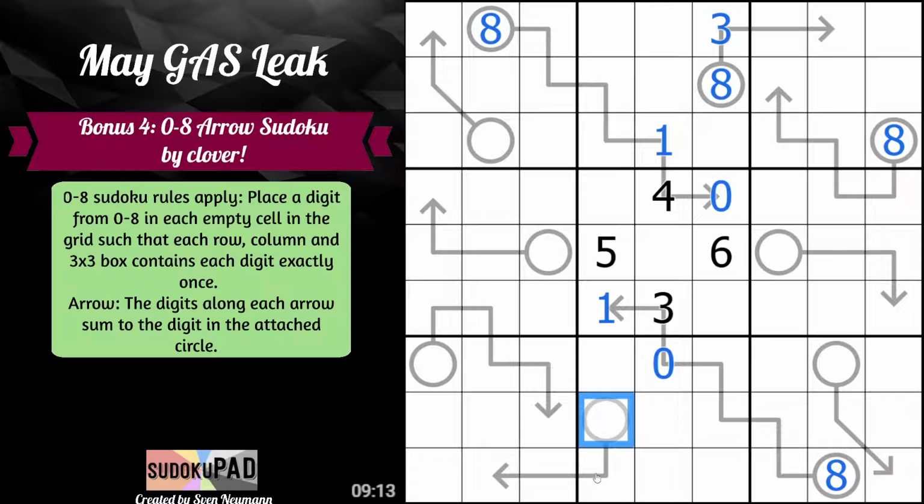Could it ever be 4 with 1, 2? No, because then there would be 0, 3, 4, and there's too much going on here.